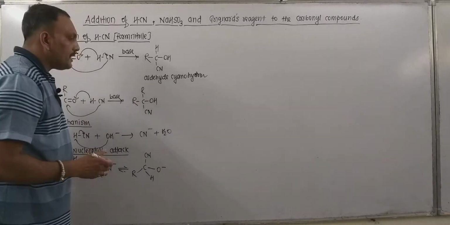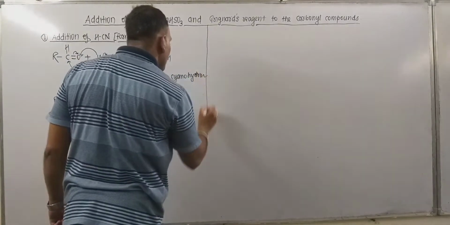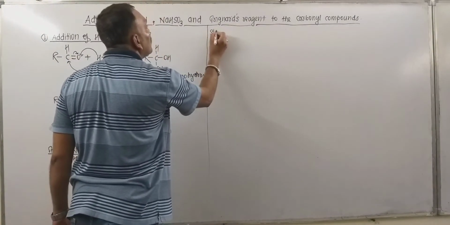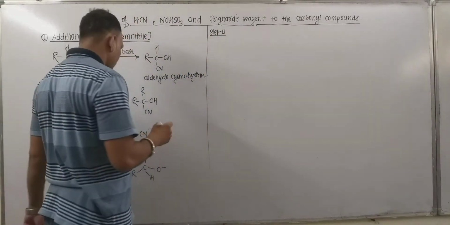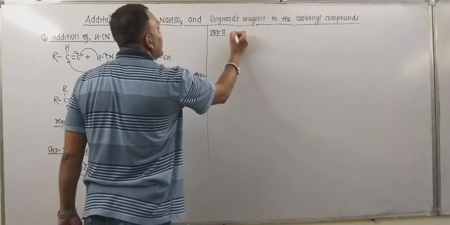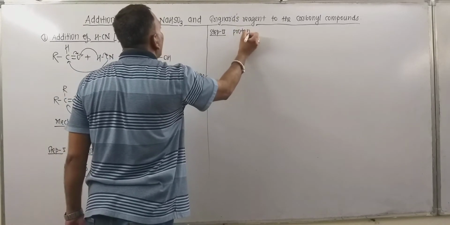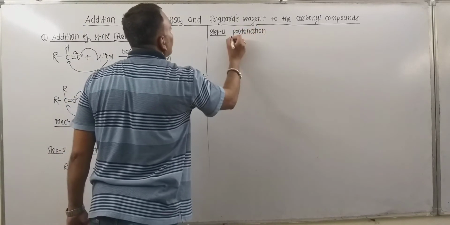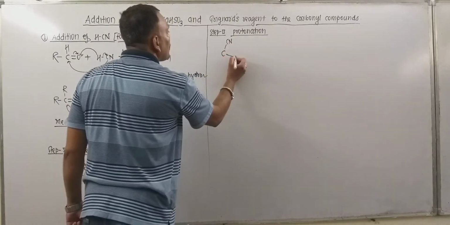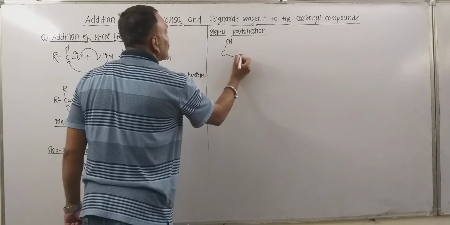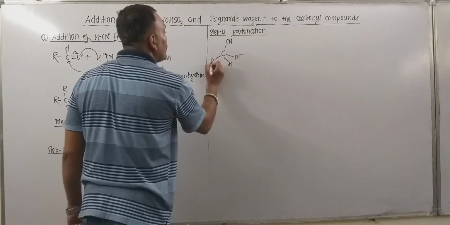Now in the very second step, I mean step number 2, is the fast protonation of it. I mean the intermediate gets protonated. So the protonation step is the second step. So our intermediate, whatever obtained, can be given as, this is our intermediate.